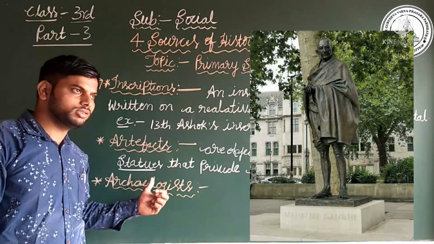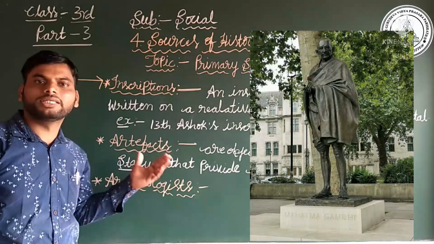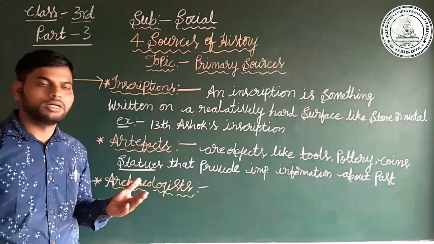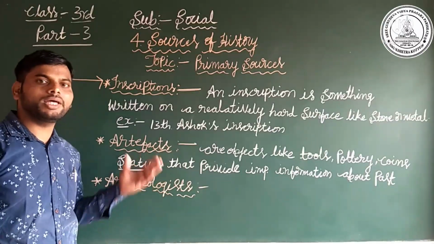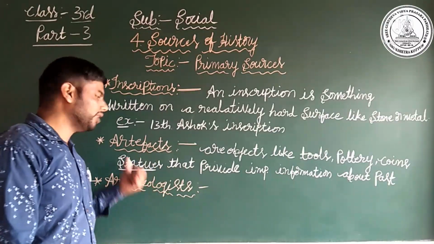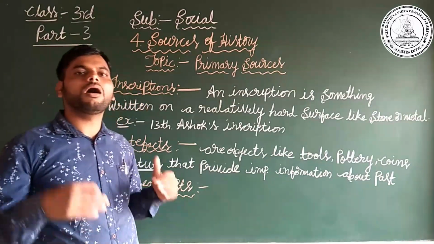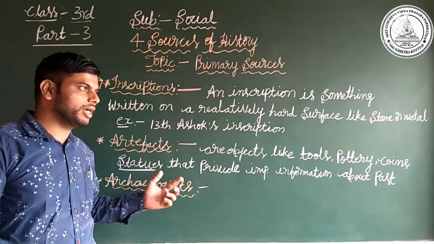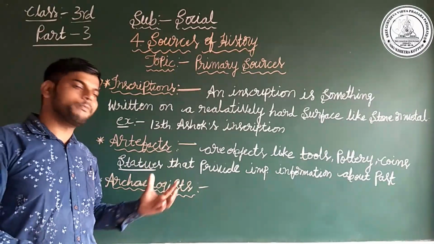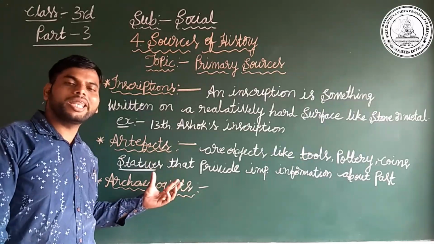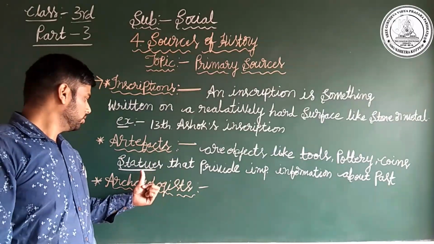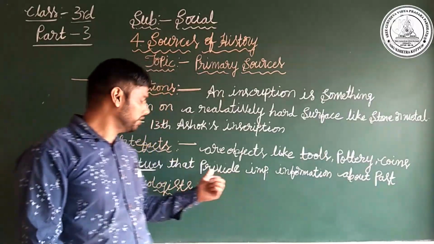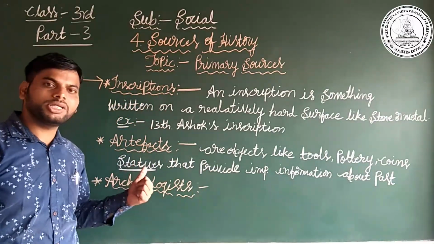You know that Mahatma Gandhiji was famous for peace and for his principles. Peace and non-violence are the weapons of Mahatma Gandhiji. So that is why all over the world, October 2nd is celebrated as International Day of Non-Violence by the UNO. This gives very important information about past events.